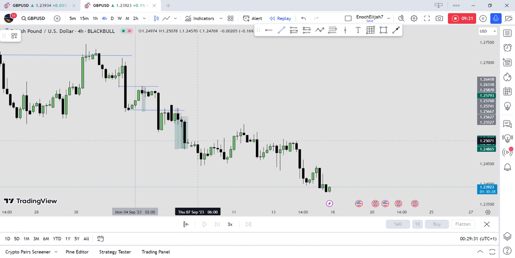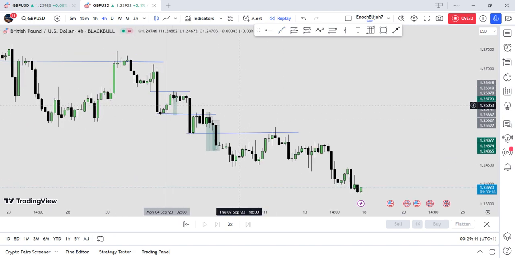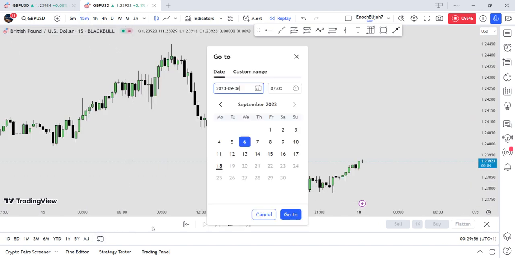So the 7th, which is this day, when we open, price will hit this imbalance or something here and then sell from it. So 15-minute time frame to see price reach it.